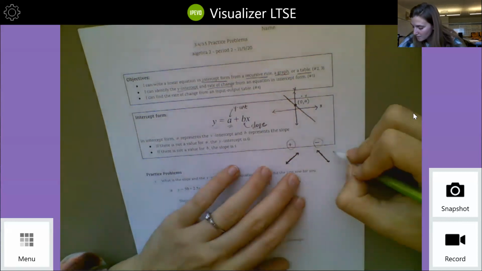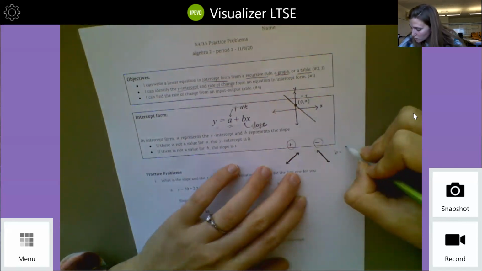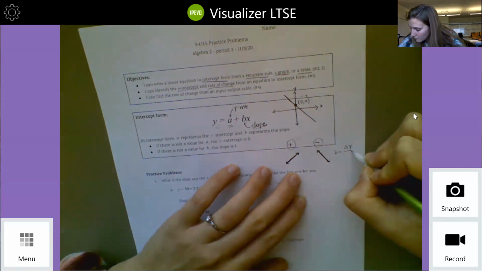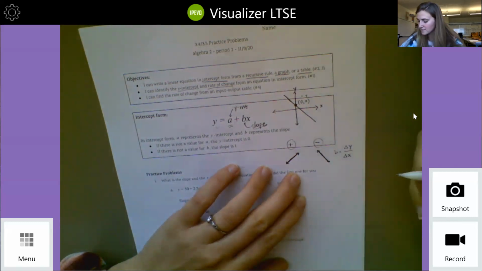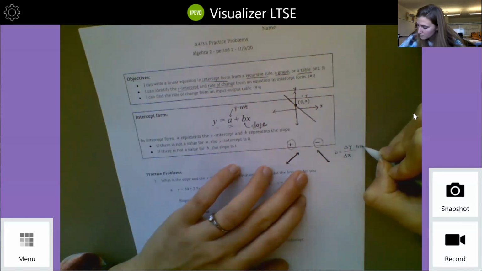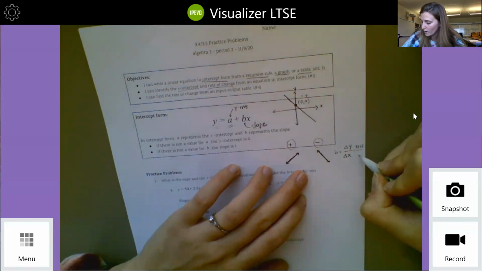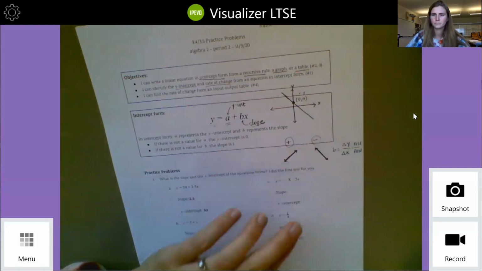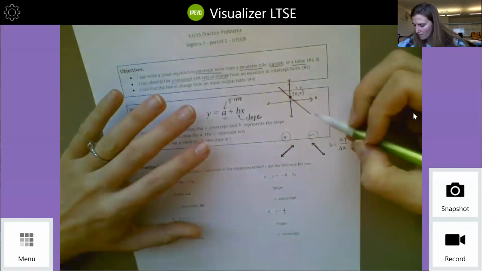And then the steepness of the line is determined by that number b, and that b is equal to the change in y divided by the change in x. We also call that the rise over run. So let's look at that on the graph.